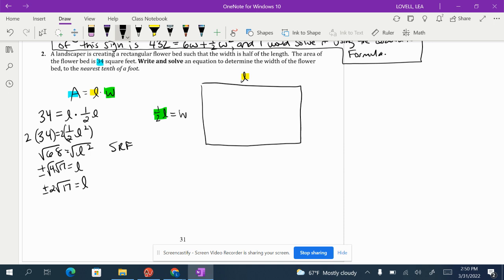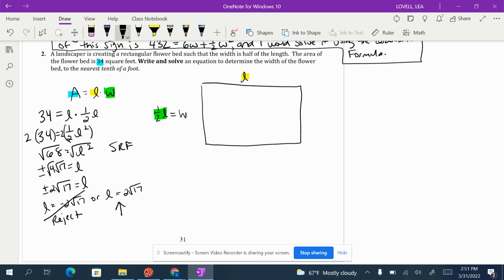Now let's examine those answers, right? I have L is equal to -2 square root of 17, or L is equal to 2 square root of 17. Now, since this is the dimension of something and it is a measurement, we would absolutely reject the negative solution because you can't have a negative length. And we would move forward with this solution.